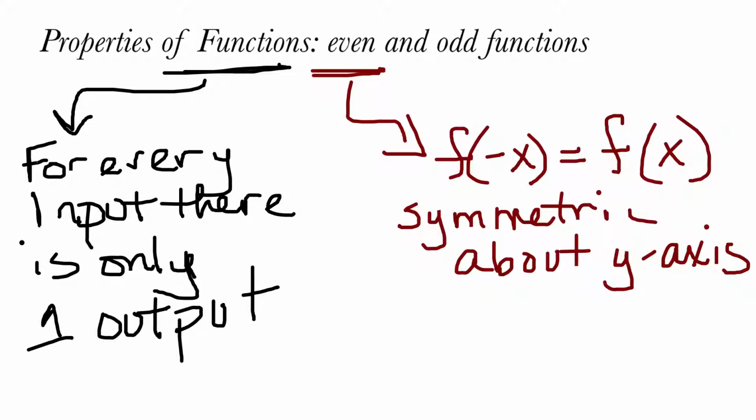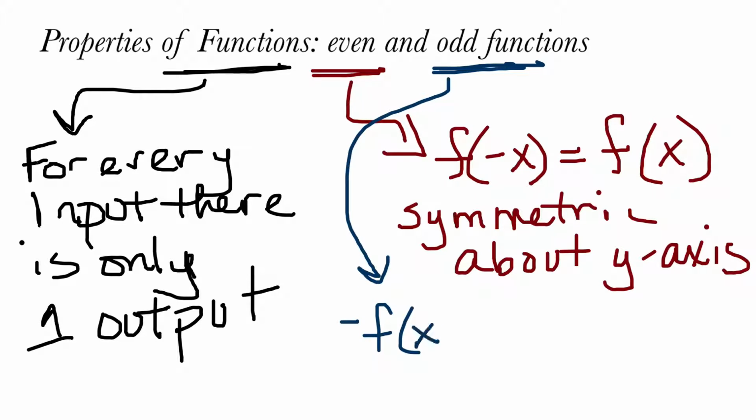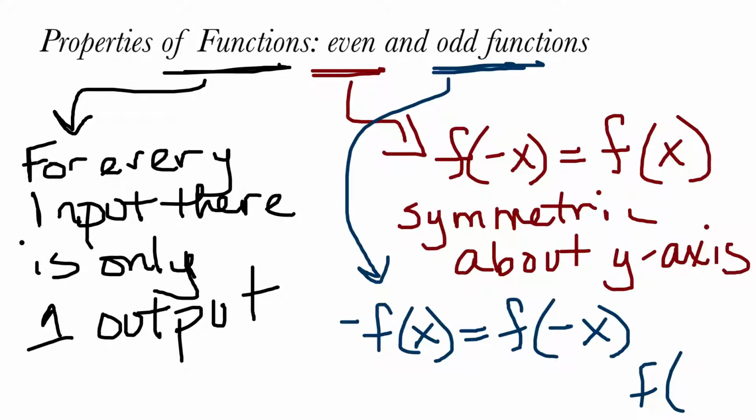Well, what about these odd functions? The odd functions are stating that negative f of x is equal to f of negative x. Again, this looks confusing, but let's take my f of x again. Let's say I had f of 3, so x is 3, and I get out a 5.